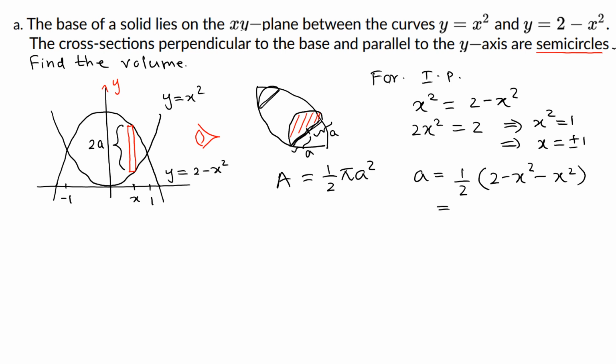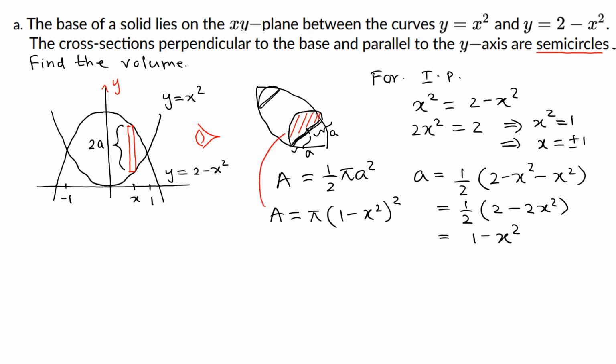You can simplify it nicely. Half of 2 minus 2x squared, so the 2 gets cancelled, and you get 1 minus x squared. That is a. Since we know a, we can plug it in, and the area is going to be pi, and then a is 1 minus x squared, and you square. So that's the area of one such piece.